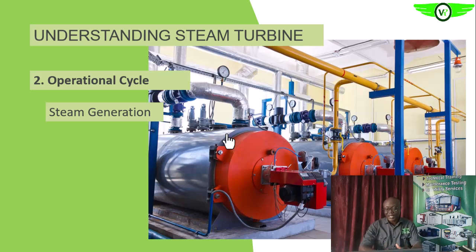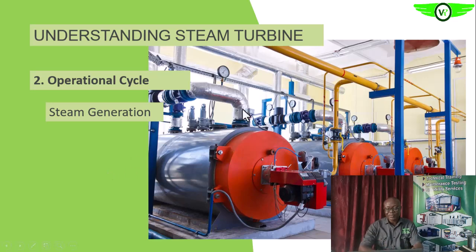So in the boiler, as you can see on your screen, on all of these boilers, treated water is converted into steam. So this treated water is heated up, okay, and then it is converted into steam.